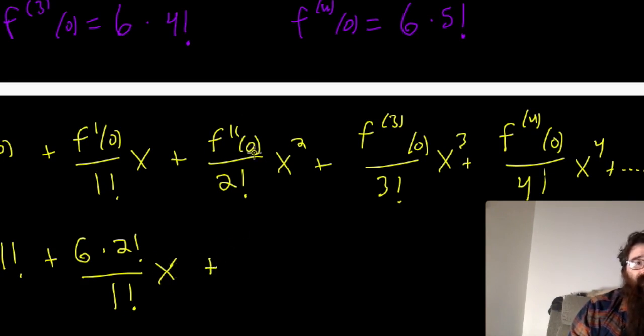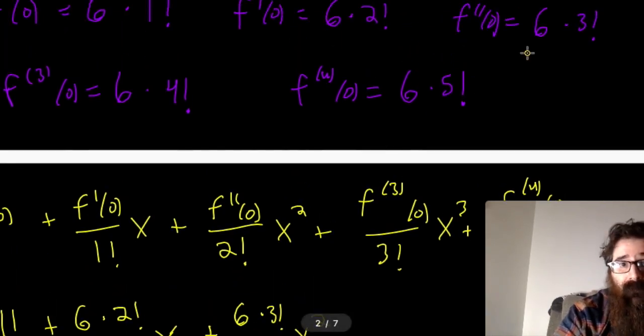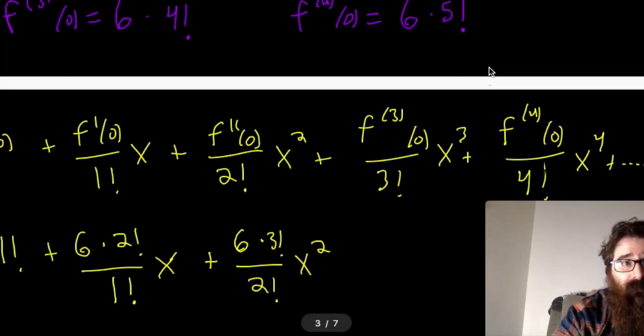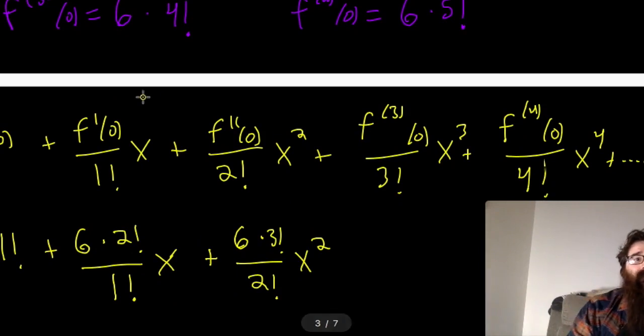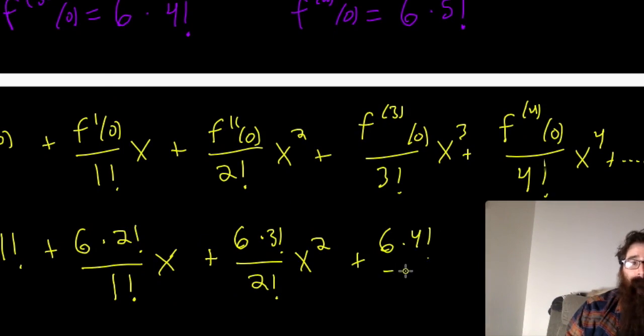F double prime at 0, remember that was 6 times 3 factorial, and then divided by 2 factorial times x squared. I could sort of scooch up here, there it was, 6 times 3 factorial. And then my third order derivative at 0, well, that was 6 times 4 factorial. But then I have to remember, I'm responsible for remembering, hey, divide by 3 factorial, hey, multiply by x cubed.